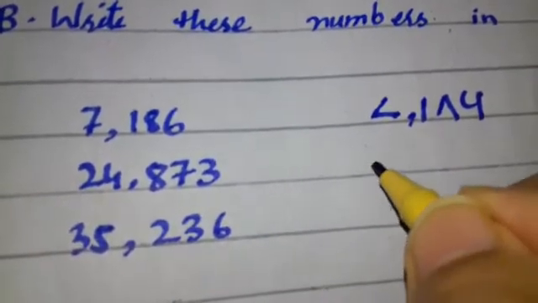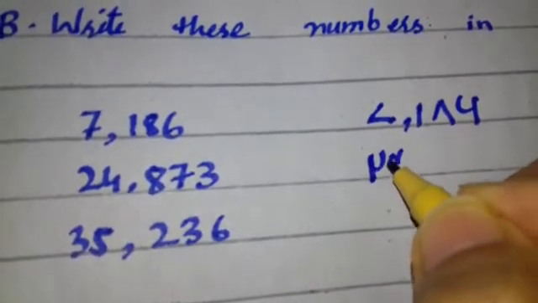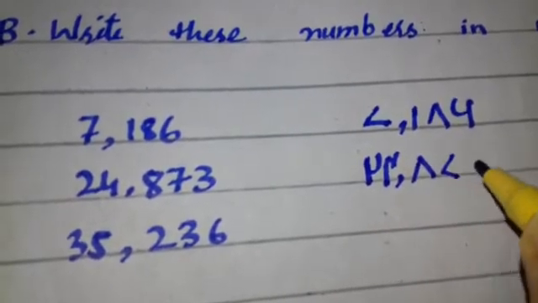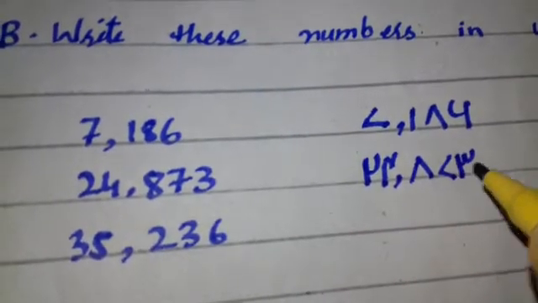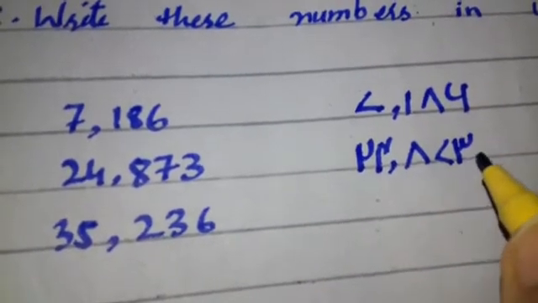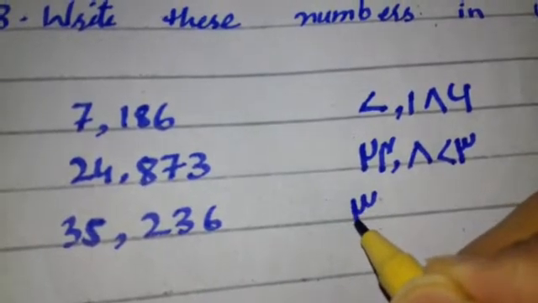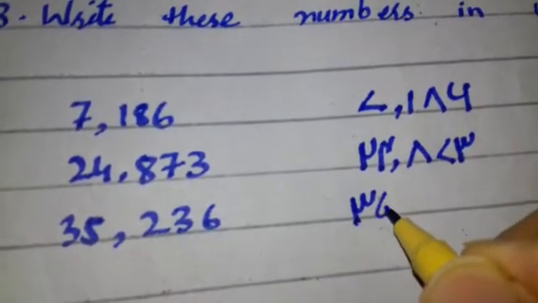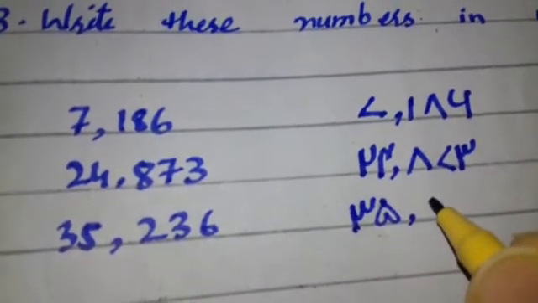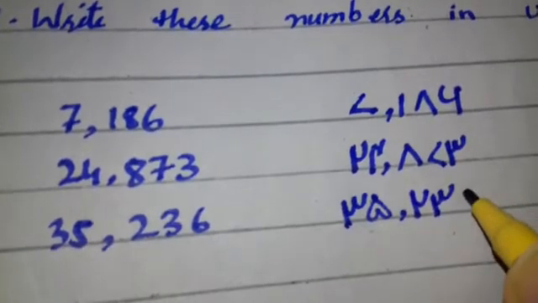Now look at the another part, 24,873. So 2 is written as, 4 is written as, just like this. Now 3 is written as this. 2, 3, and 6.